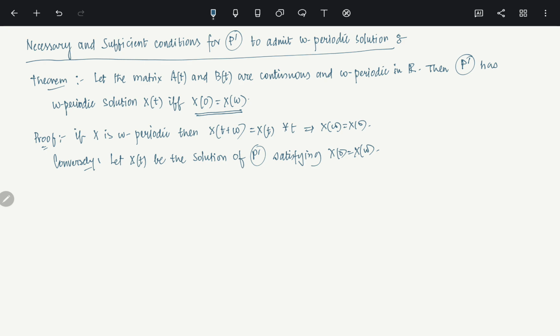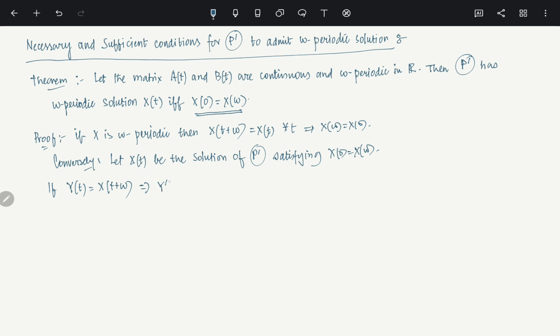Then we are going to show that if it is a solution, it has to be w periodic, right? To do that, we define y of t, it will be much better to put it this way, y of t equals x of t plus w. If we define it like this, then since x is a solution of this problem, y also solves this problem.